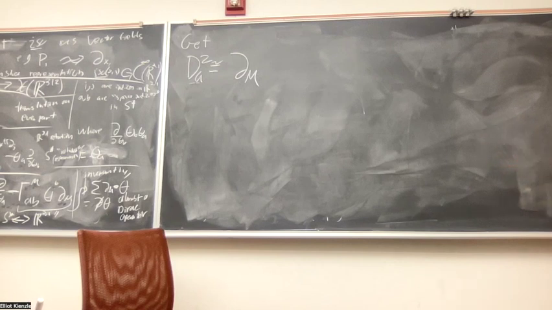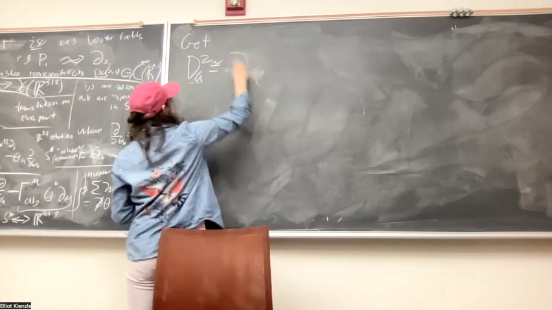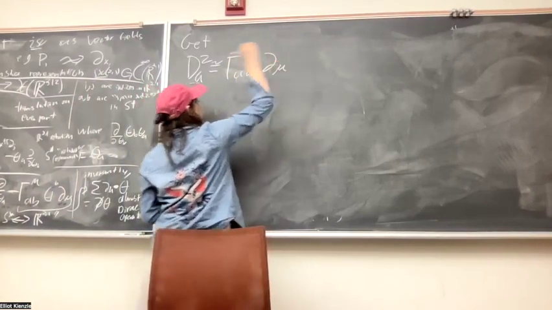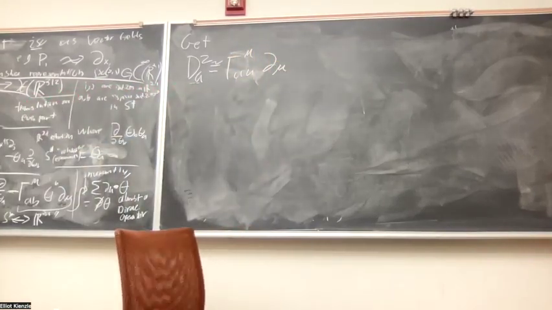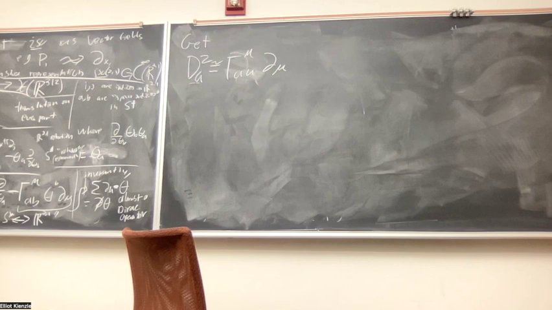What is mu? What you actually get is gamma A B mu partial mu. So this is a translation in a particular direction. Partial mu is translation. I used partial i here; I should have kept that consistent.